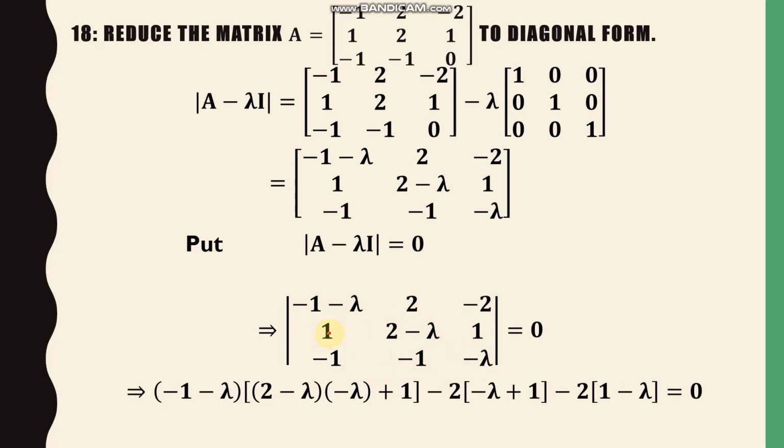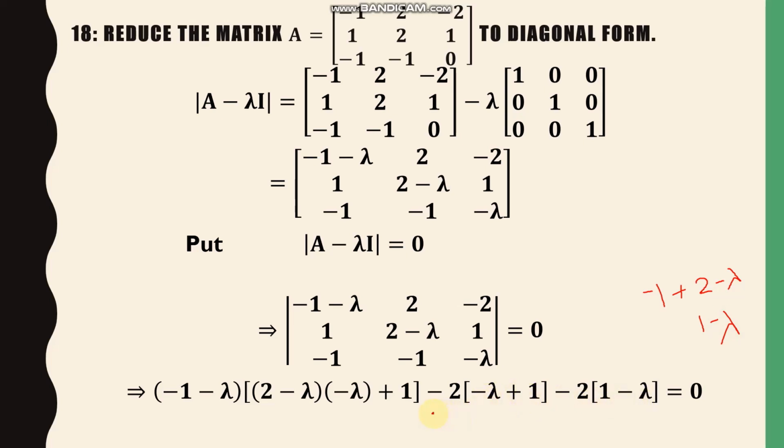So it is -1, it is -1, minus of -1, which will become +1, times 2 minus lambda, which is equal to 1 minus lambda. So I have directly written 1 minus lambda here. So this is 1 minus lambda. Here also we have 1 minus lambda.